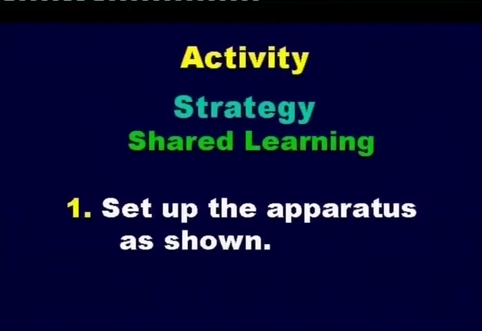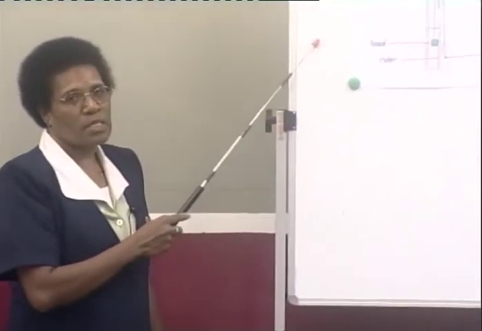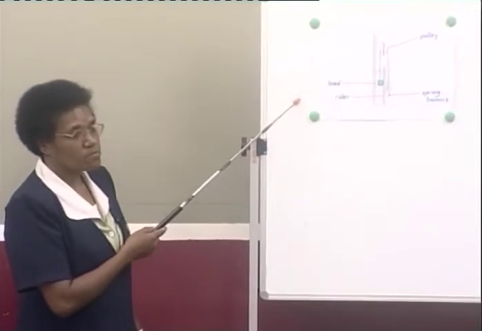Now our first part of the activity is to set up the apparatus as shown. Class, you have the worksheets with you, so you should be able to see the diagram. Receiving students, that is how you should set your apparatus up.